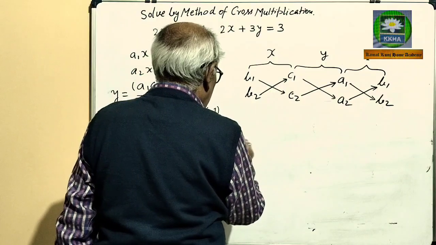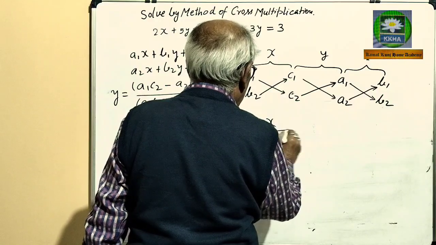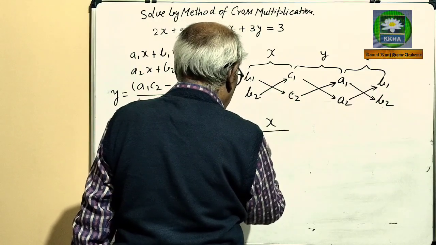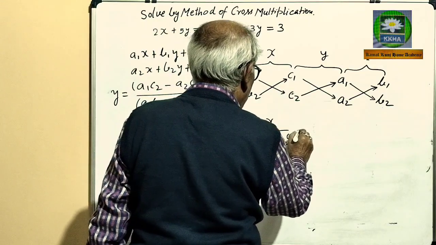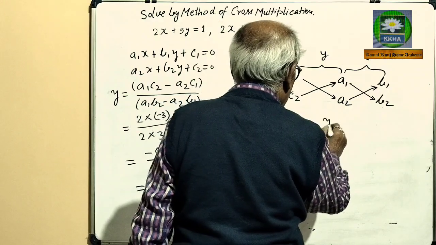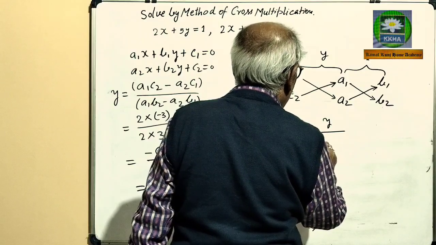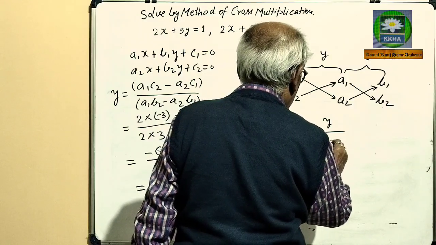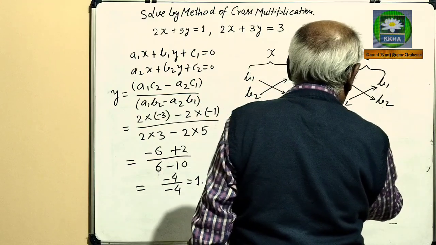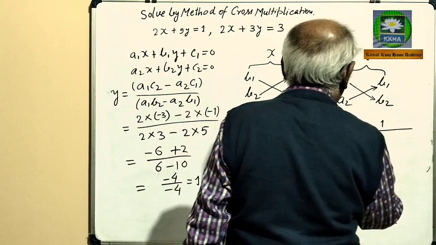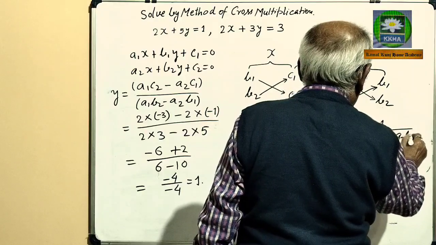So x upon b1 c2 minus b2 c1 equal to y upon c1 a2 minus c2 a1 equal to 1 upon a1 b2 minus a2 b1.